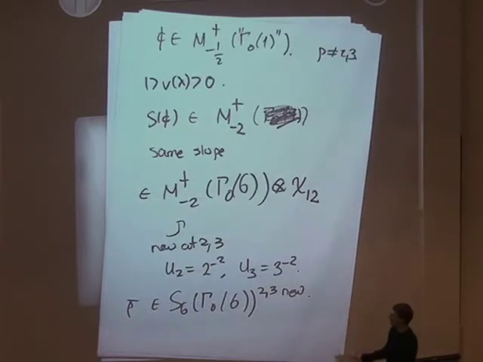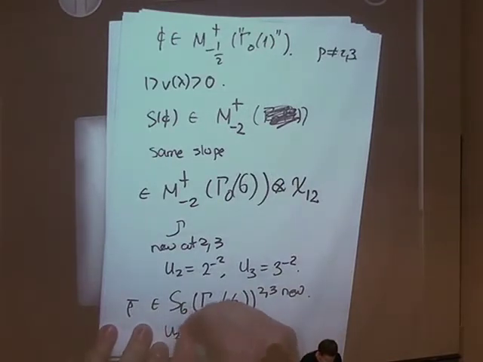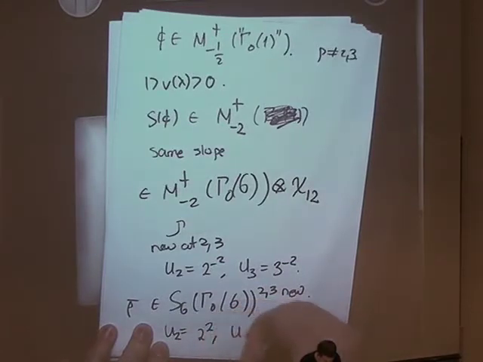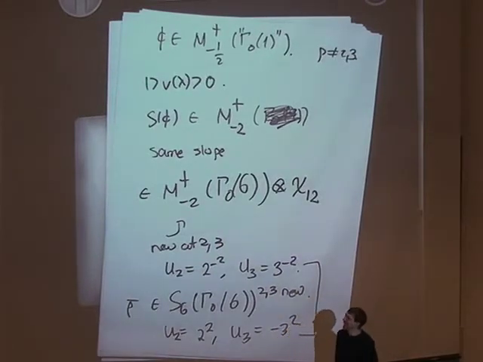Now, you can just check this space. Well, it turns out this space is one-dimensional, which is maybe not so good. On the other hand, if you check this one-dimensional space, and you check the U2 eigenvalues, well, it's equal to 2 squared, but U3 is equal to minus 3 squared.